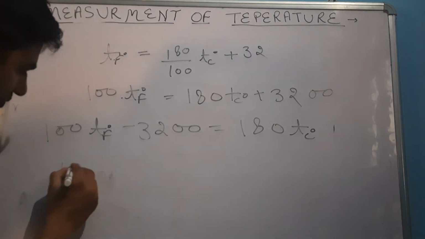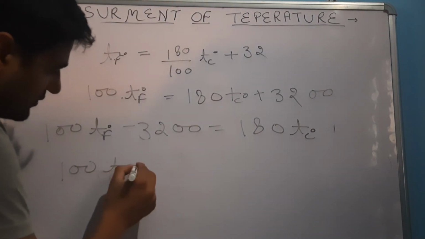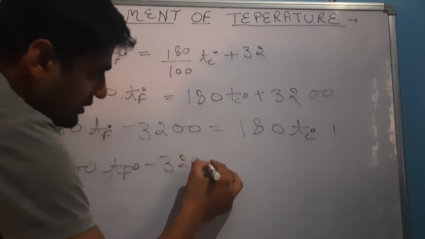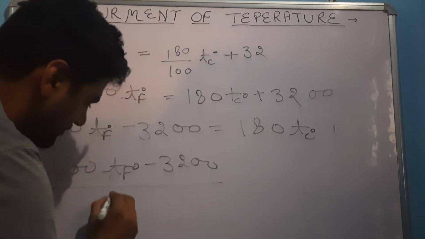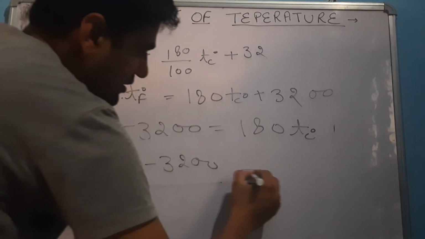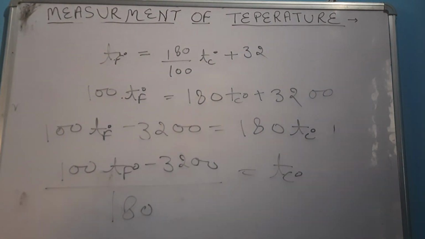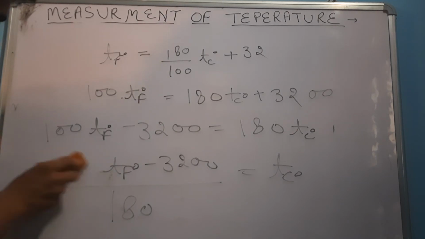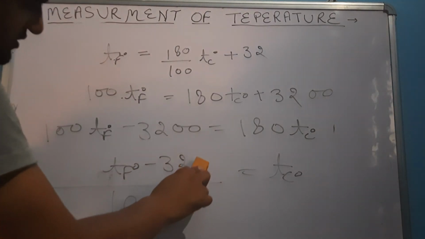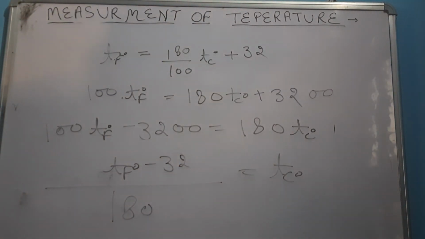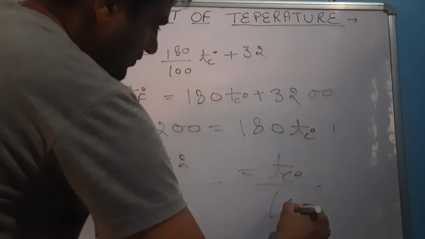So first of all, do one step. We will take 180 here. Here it will be temperature in degrees Celsius. So now divide this by 100. These two zeros will vanish and this 100 will come here.